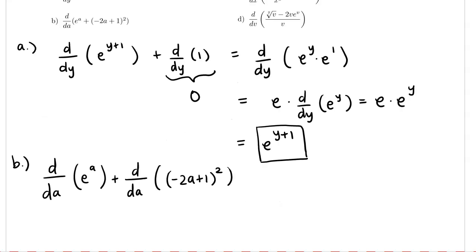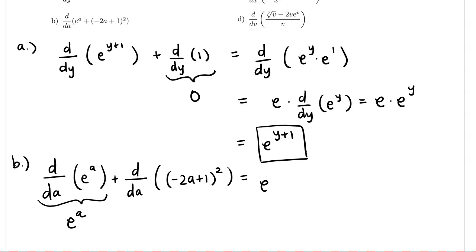So for part B, I've gone ahead and I've split these up, and this derivative is equal to e to the power of a, just because we're taking the derivative of the natural exponential function. And then in the second part, I can't use the power rule yet because we want to expand negative 2a plus 1 quantity squared first in order to be able to use the power rule.